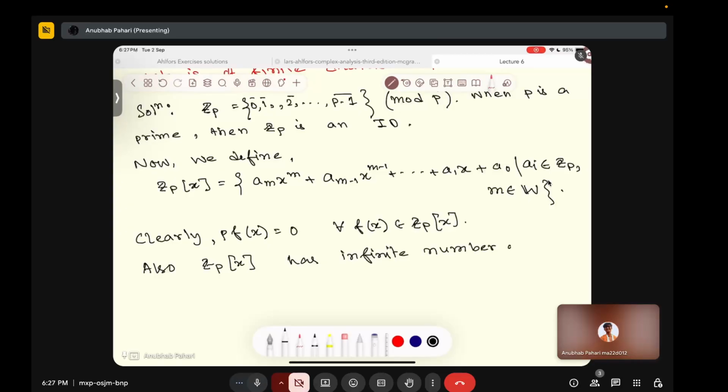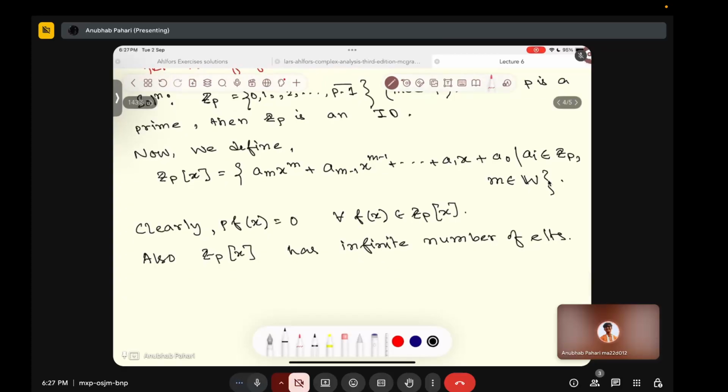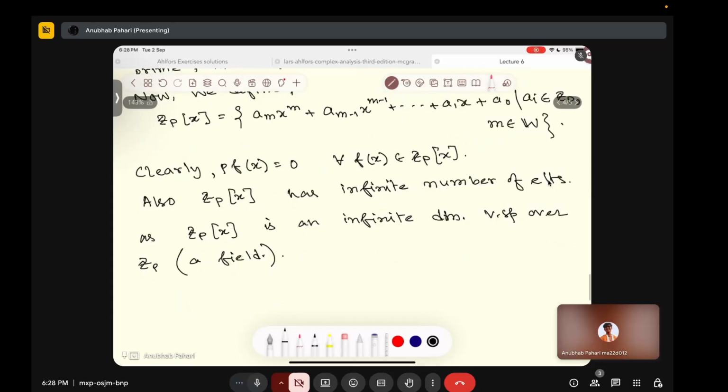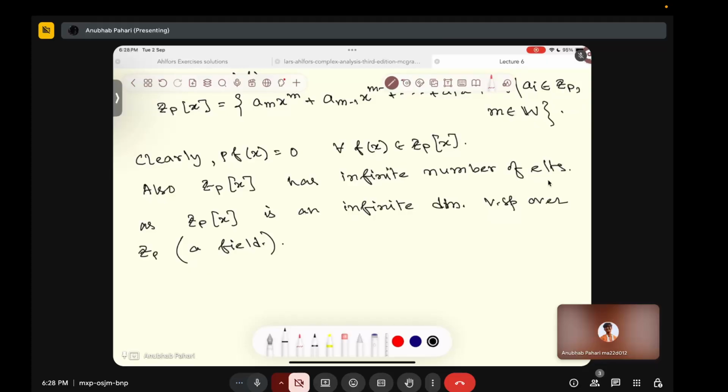Because I mean, you can think that this is spanned by 1, x, x square, and so on, and obviously as Z_p[x] is a vector space, it is an infinite dimensional vector space over Z_p, a field. So as it has infinite dimension, so obviously it has infinite elements.